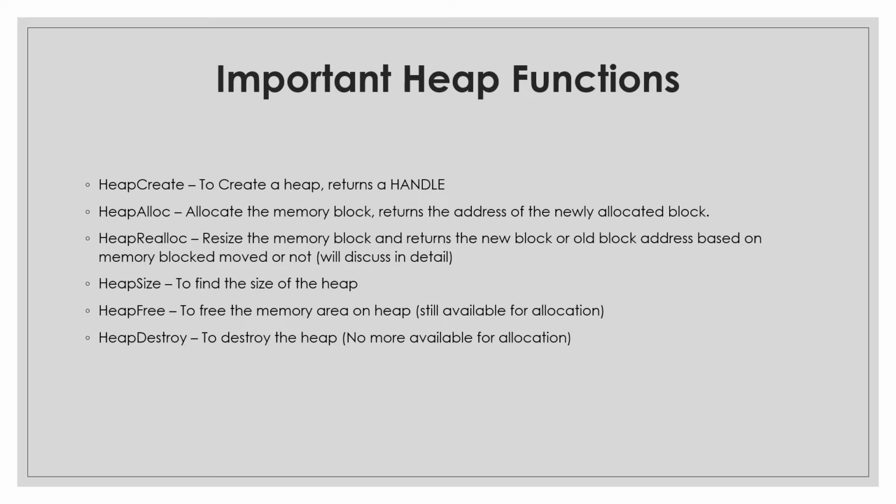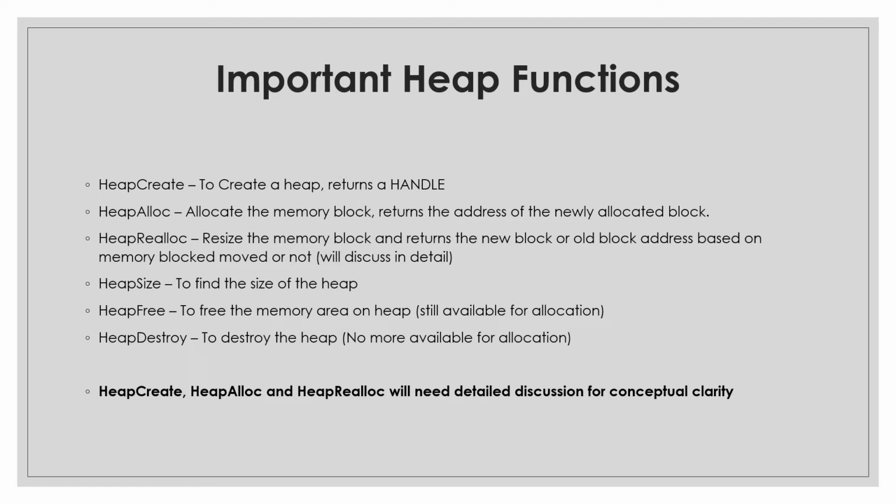With the help of this function, we destroy the heap. There is a difference between HeapFree and HeapDestroy. After the HeapFree function, the heap is still available for allocating new memory blocks. But after HeapDestroy, there is no scope of allocating a new memory block because the entire heap itself will be destroyed.